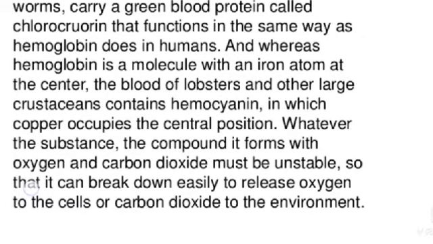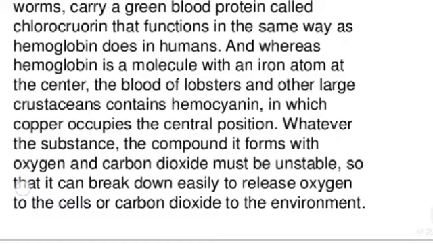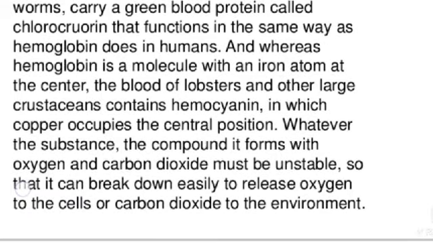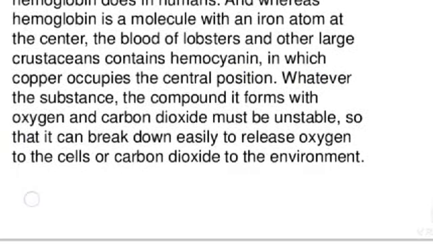And whereas hemoglobin is a molecule with an iron atom at the center, the blood of lobster and other large crustaceans contains hemocyanin, in which copper occupies the central position.